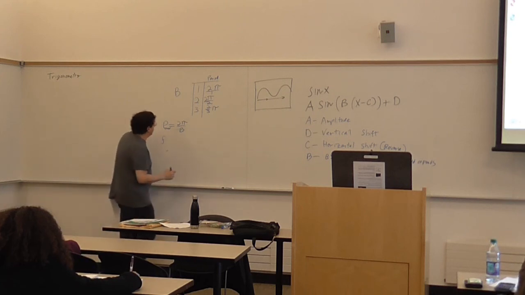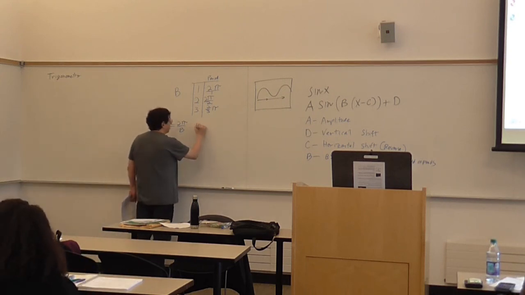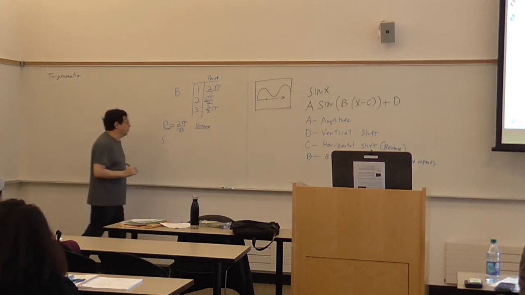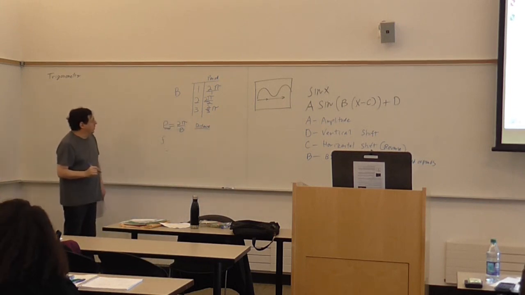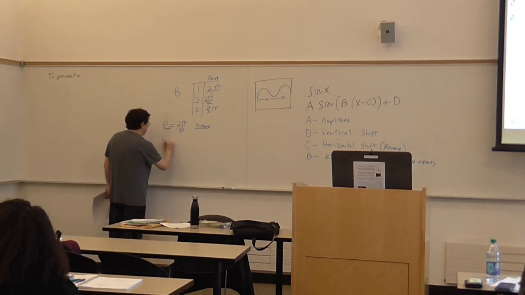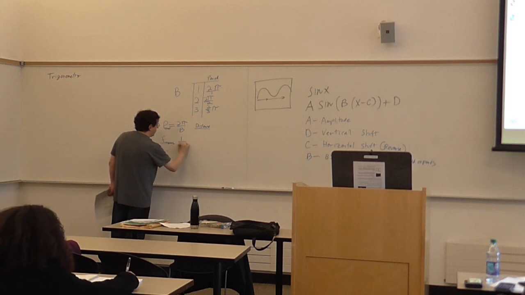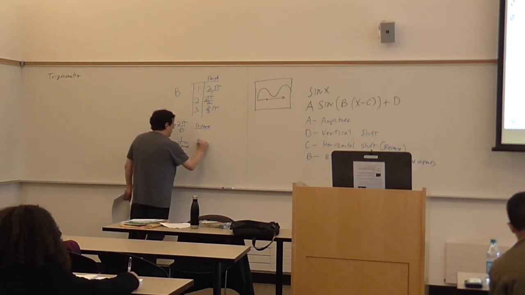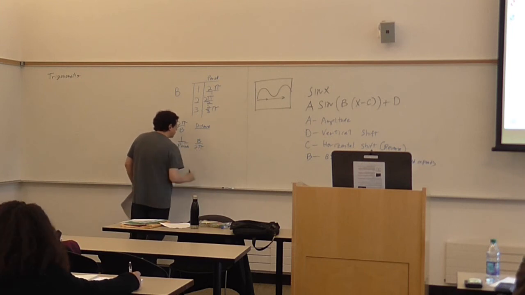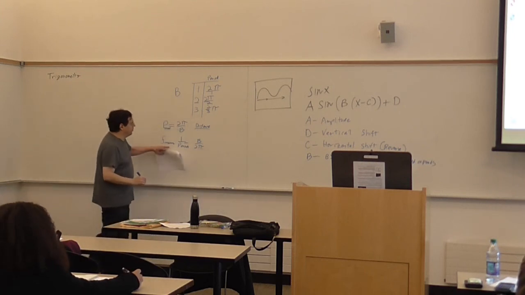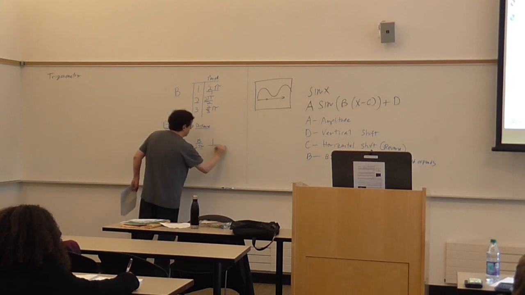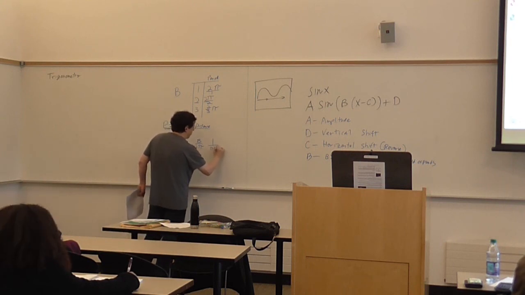It could be distance. Usually wavelength would be distance. We also are going to define frequency, which is 1 over the period. So therefore, it's just going to be b over 2 pi.